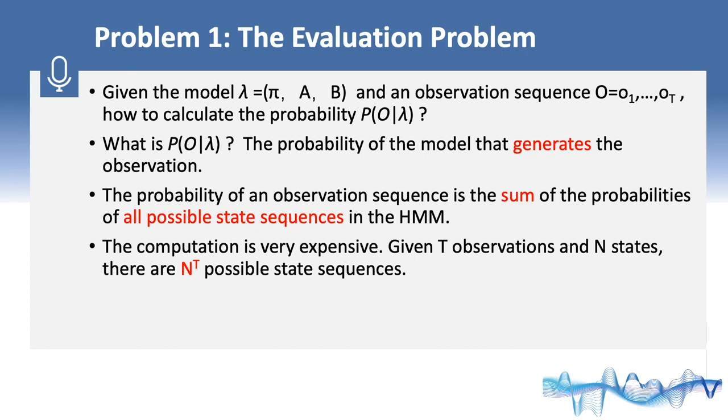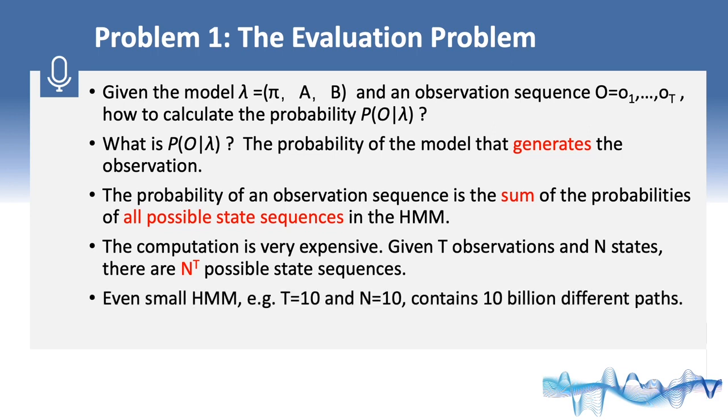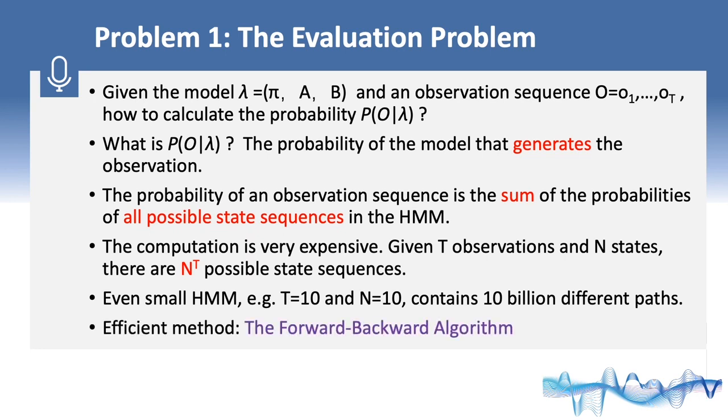Given T observations and N states, there are N to the power of T possible state sequences. Even a small HMM, for example, T equal 10 and N equal 10, contains 10 billion different paths. The more efficient methods are called the forward algorithm and the backward algorithm.